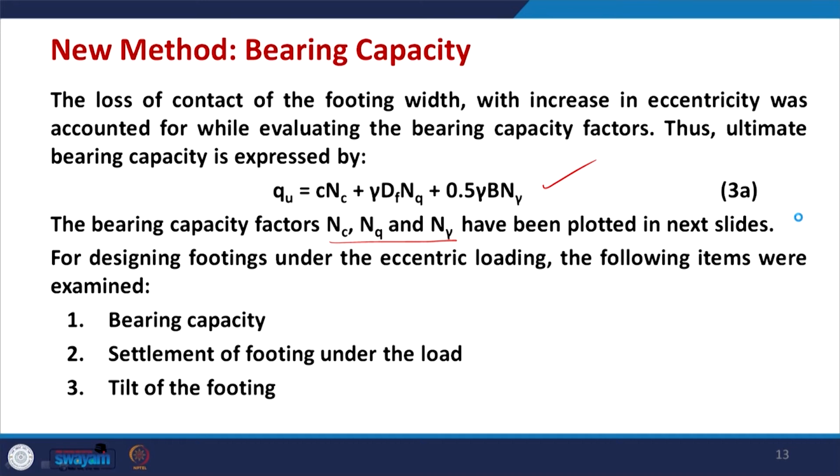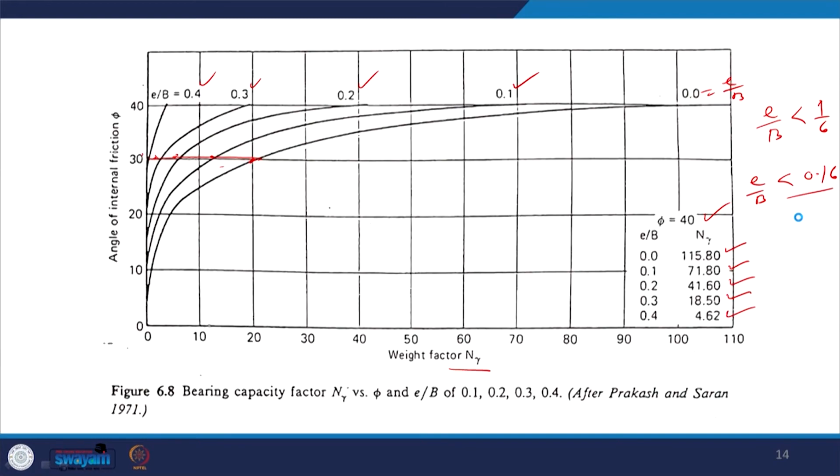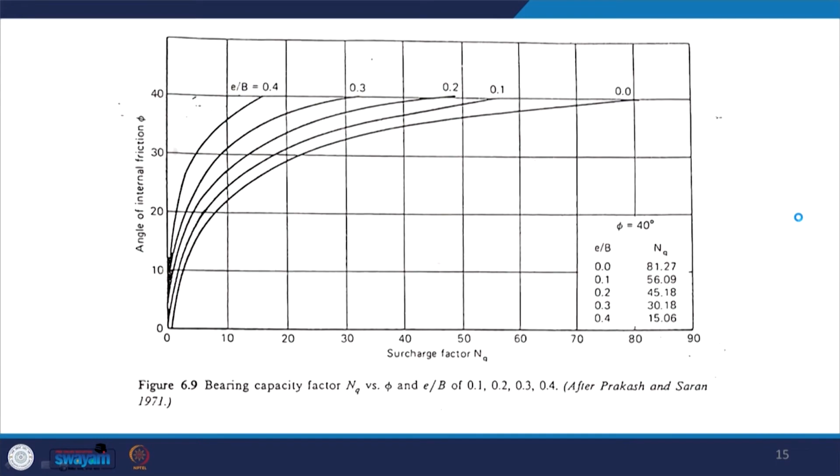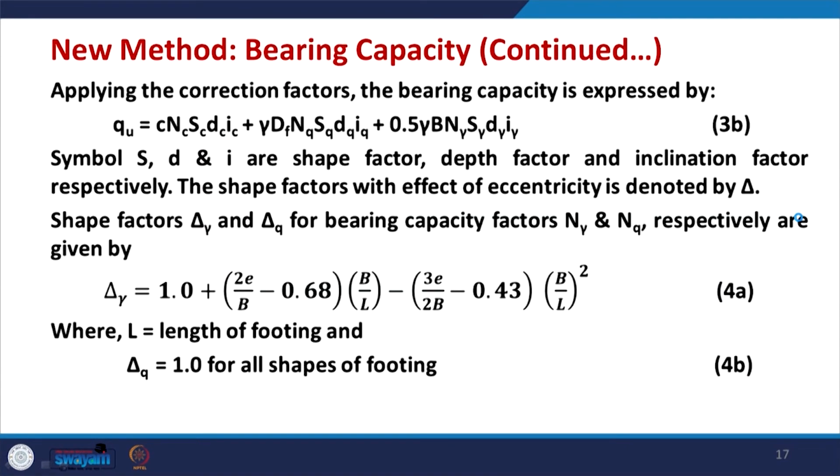Now, the same equation will be modified when you are considering different shapes of footings as here, and this equation looks similar to what has been given in IS code 6403. However, the effect of water table is not considered here.